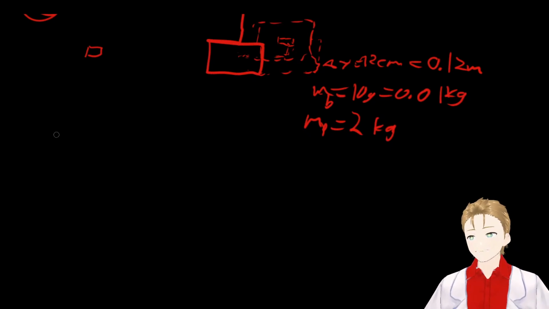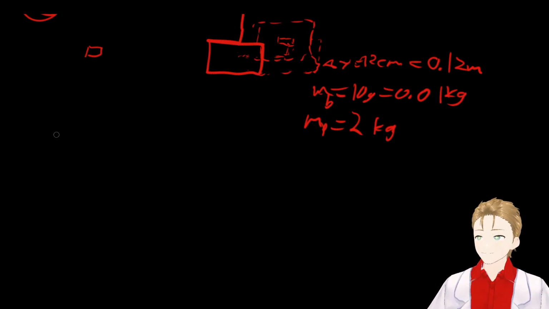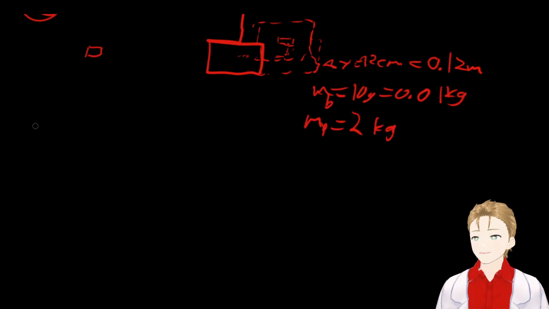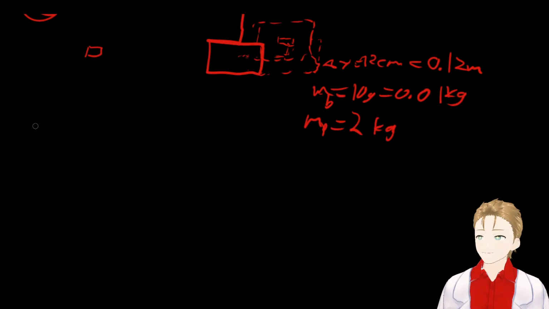Should I find the momentum? The change in momentum, the change in momentum. I could use a convoluted way to get to the answer, but I think there's a better way with the energies.